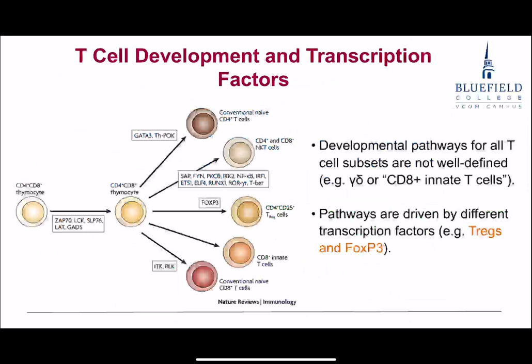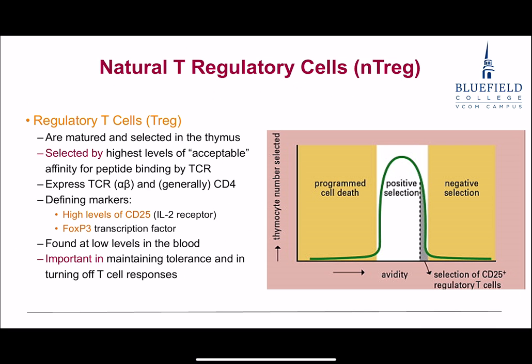So in the thymus, we make what are called natural T regulatory cells, because they're the cells that like to push the envelope. Treg cells are the cells that suppress immune responses. They're not activators, they're suppressors. They turn down the volume, they turn things off.